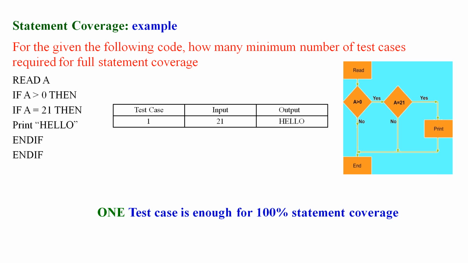For this input, the development team will write a test case. What is the value of that input? 21. The value of the input is 21, but the number of inputs is 1. So one test case is enough for 100% statement coverage.